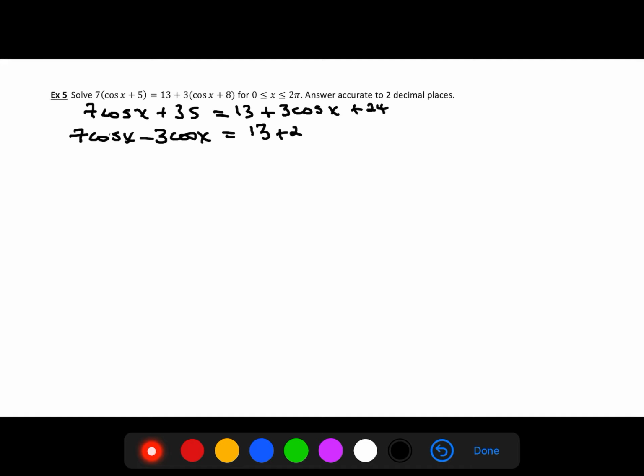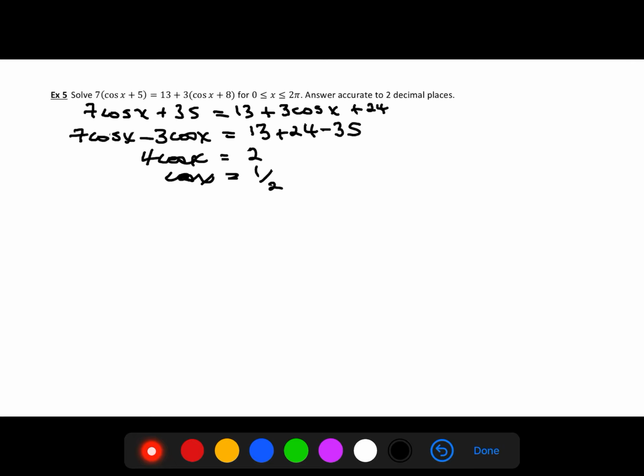So 7 cos x, bringing our 3 cos x over. We had 13 plus 24 already here. We're going to subtract 35. So 4 cos x equals 2. So cos x is equal to 1/2. 2 divided by 4, simplifying, we get 1/2.